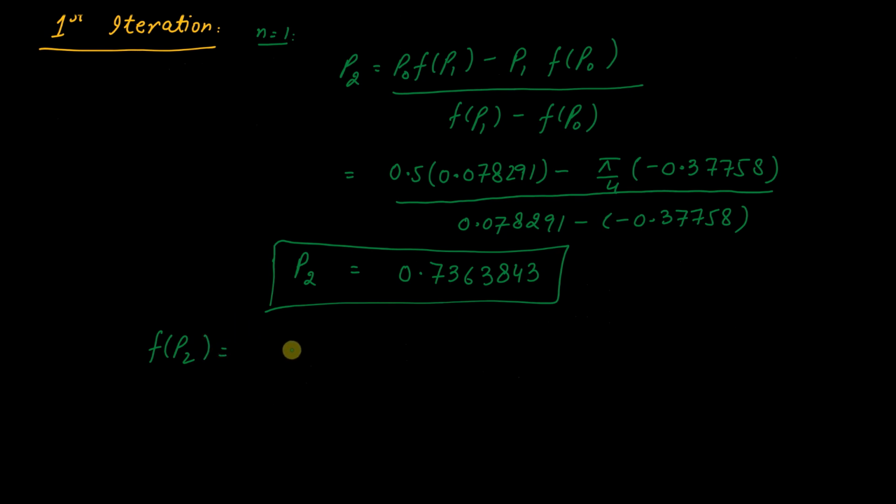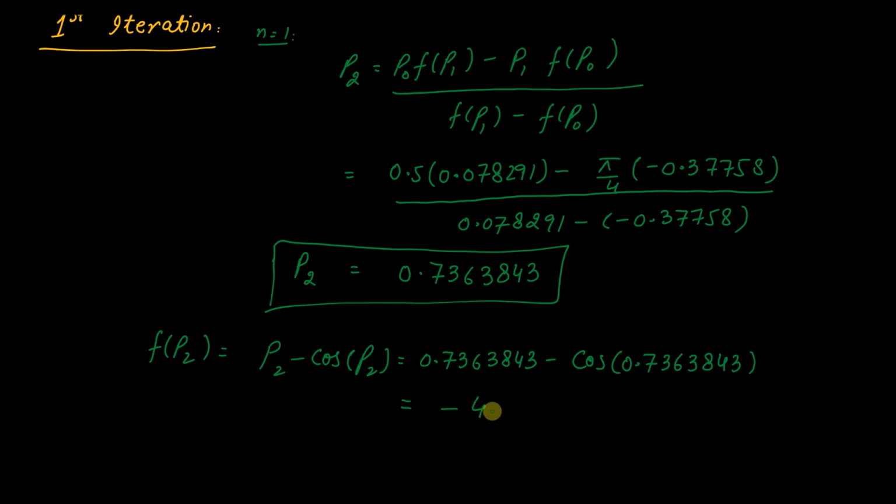So f of P2 is equal to P2 minus cos of P2, that is 0.73638843 minus cos of 0.73638843. After simplification, you will get negative 4.519622 times 10 raised to the power minus 3.